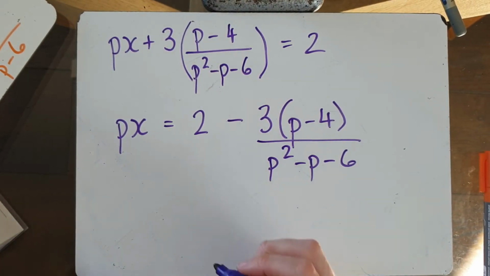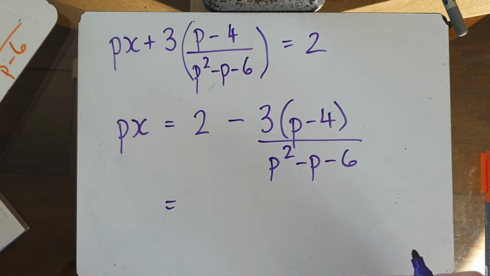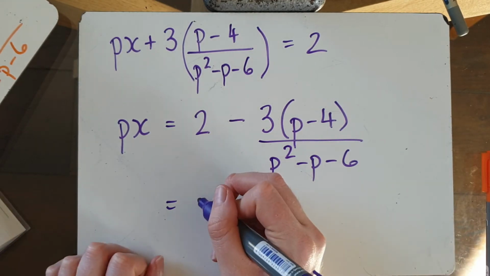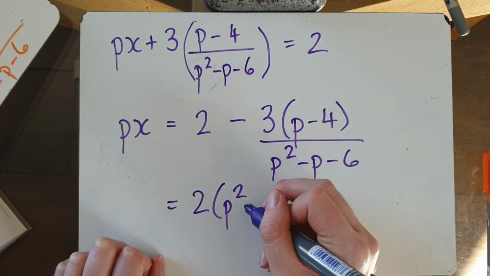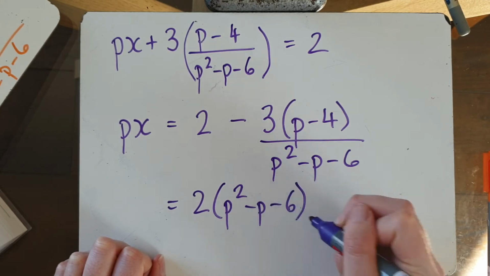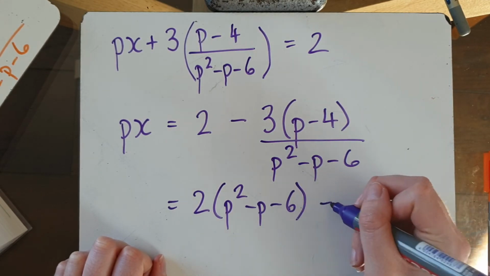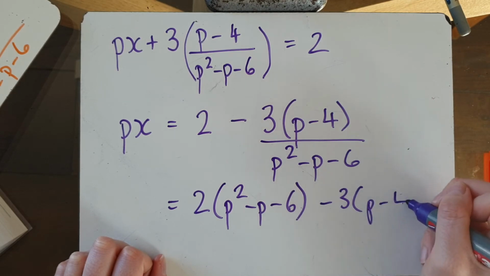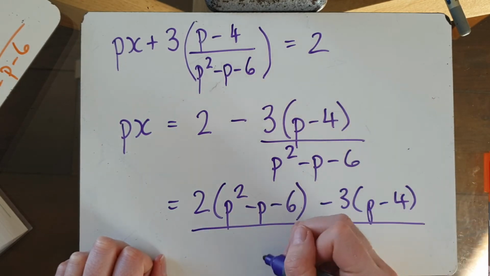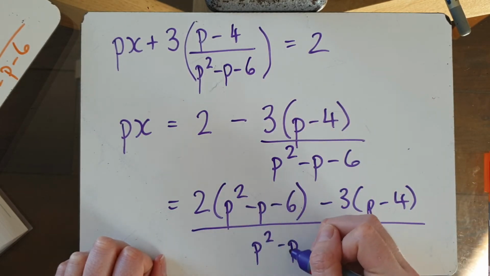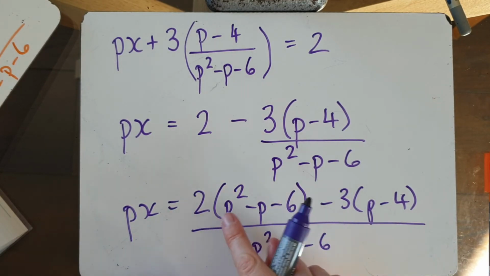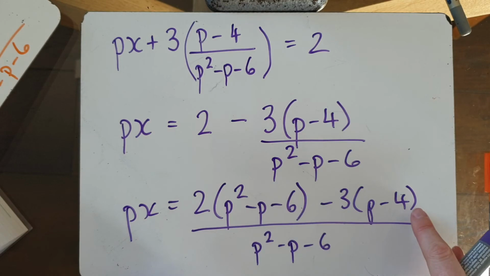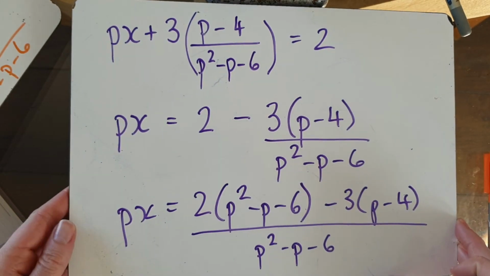And I'm going to put that over a common denominator. I realise this is dreadful, but we'll see what happens. So common denominator, so I need to multiply the 2 by (p squared minus p minus 6). And that's still px there. I'm going to multiply this top line out and then simplify.